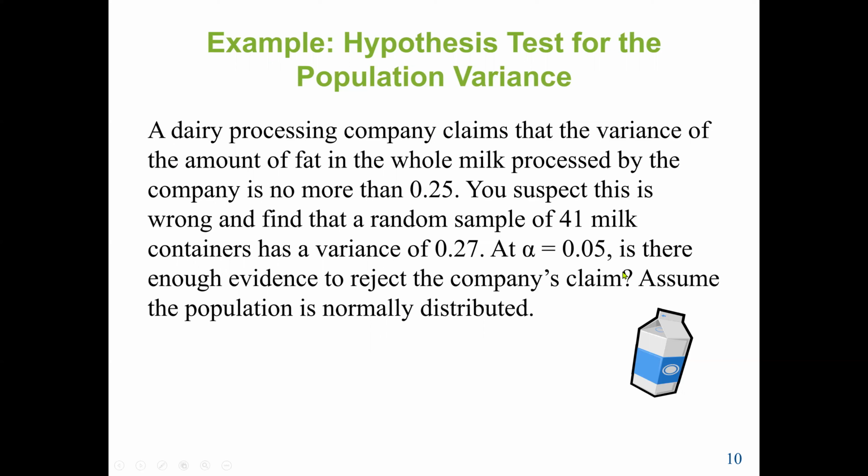At alpha equal to 0.05, is there enough evidence to reject the company's claim, assuming the population is normally distributed?